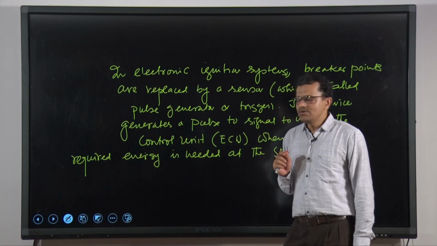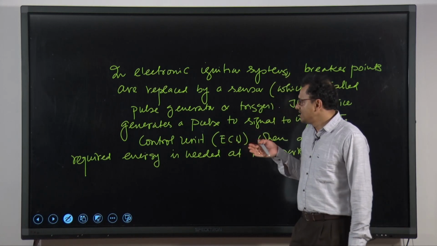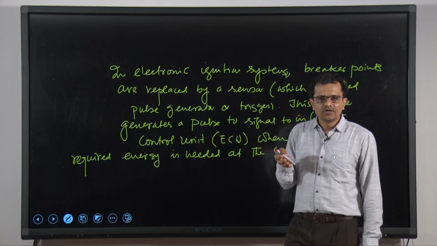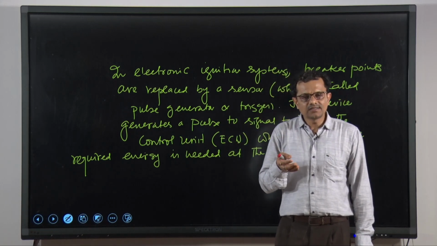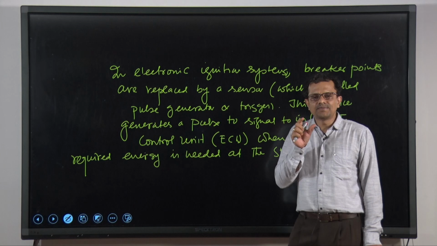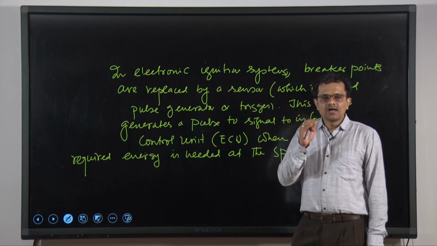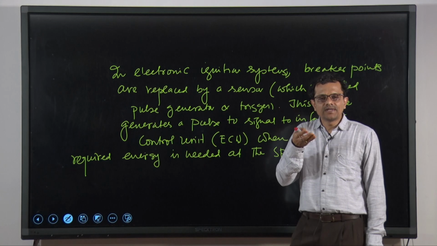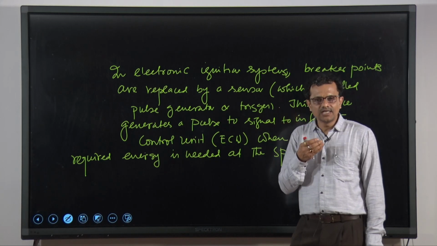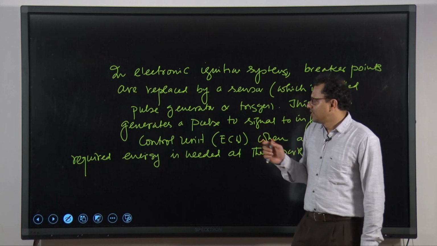Now, when the pulse generator or trigger produces a pulse, using that pulse the control unit breaks the primary circuit and gives some level of energy to the secondary circuit to produce the desired spark. Let me repeat once again.